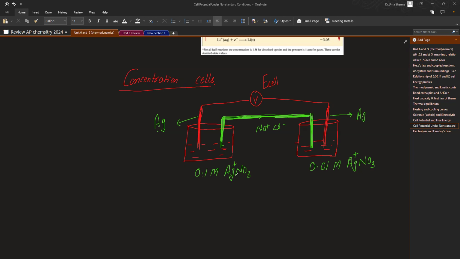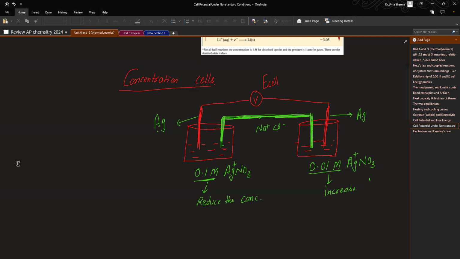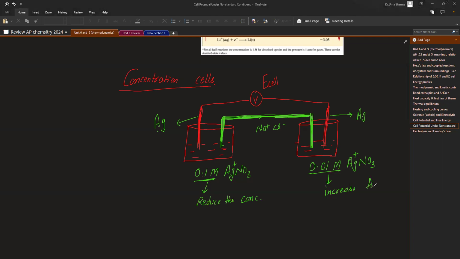Now what will happen? This will try to reduce the concentration, high concentration, right? And this will try to increase the concentration. Agreed? Increase the concentration.